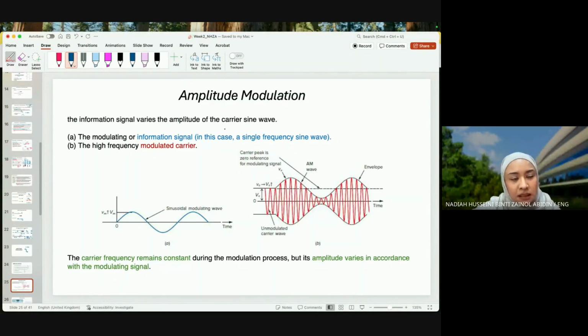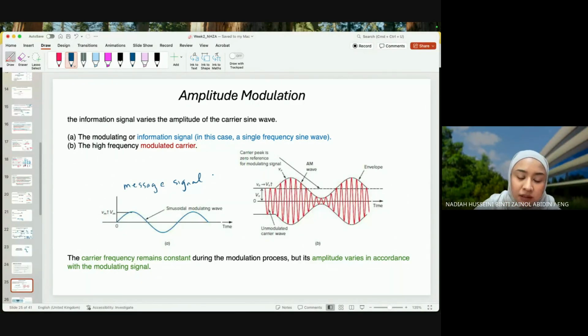In this case, let's say our information signal is a single frequency wave. So A is assuming the message signal. Your signal is one frequency. So that is your signal that you wanted to transmit.